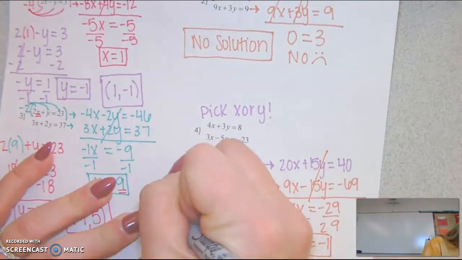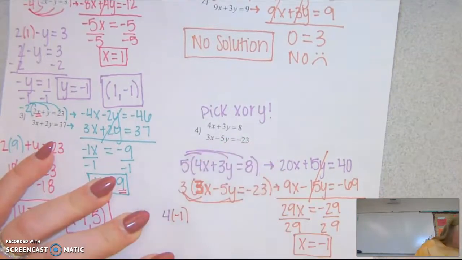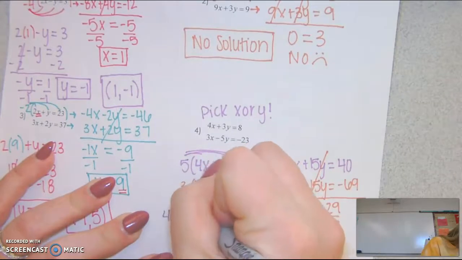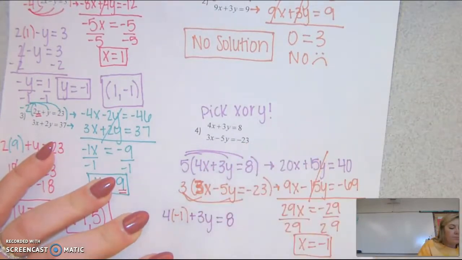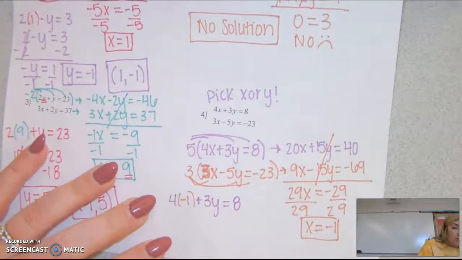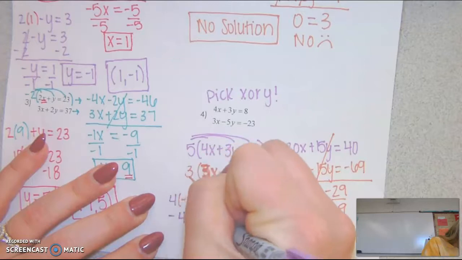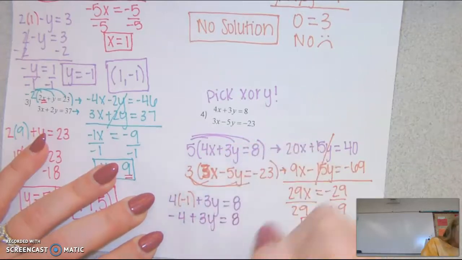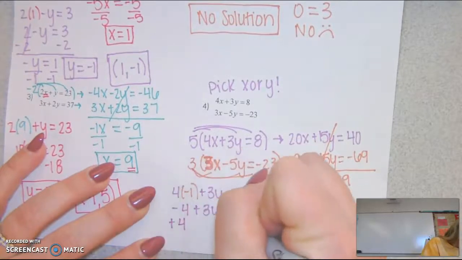So I have 4 times negative 1 plus 3y equals 8. 4 times negative 1 is negative 4. Add 4 to both sides.